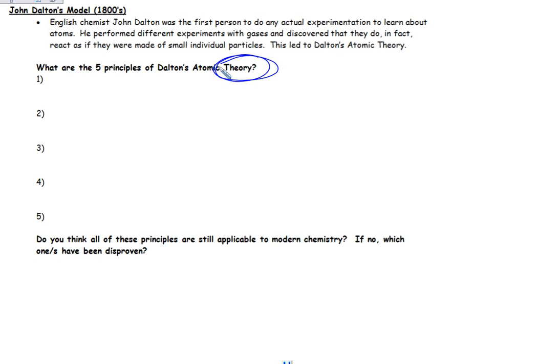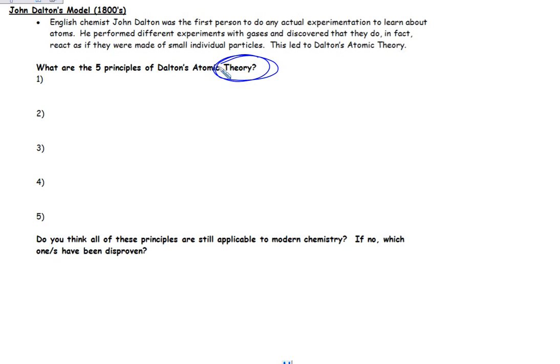Even today, we call it an atomic theory. And there are constantly people working to perfect the model of the atom. We've got new and more sophisticated equipment and particle accelerators and all kinds of cool things that can break atoms into smaller and smaller parts. They are even smaller parts than protons and neutrons and electrons.